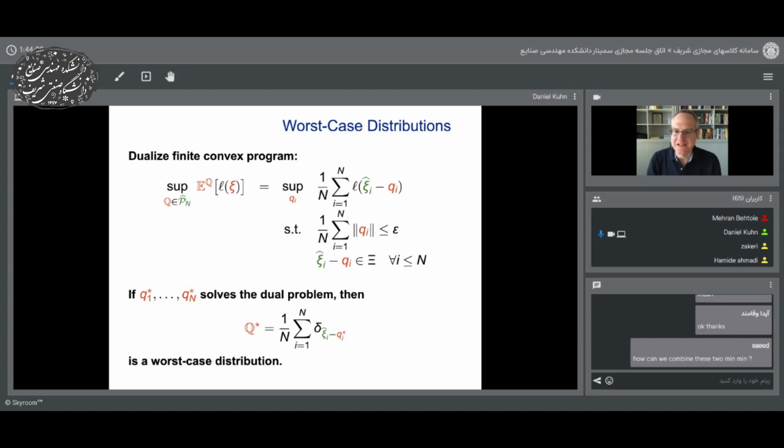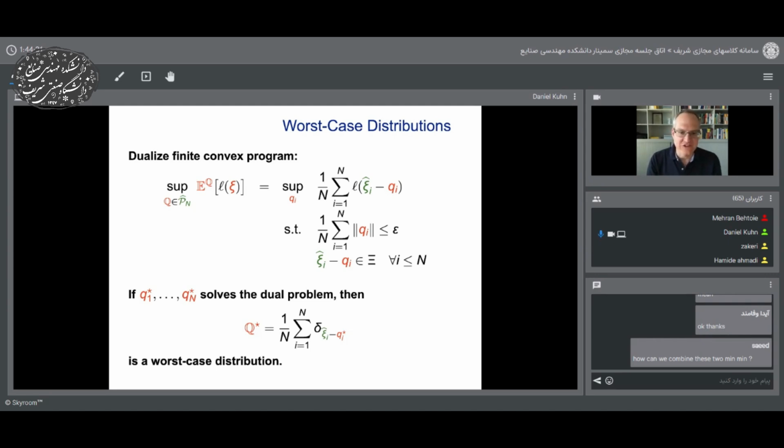So the perturbed training sample is at the point xi_i hat minus q_i. So q_i is a displacement. I should move the ith training sample by q_i. I need to make sure that I displace the sample inside the set capital Xi. And I should make sure that the average of all displacements is smaller or equal to epsilon. That's just a Wasserstein constraint.